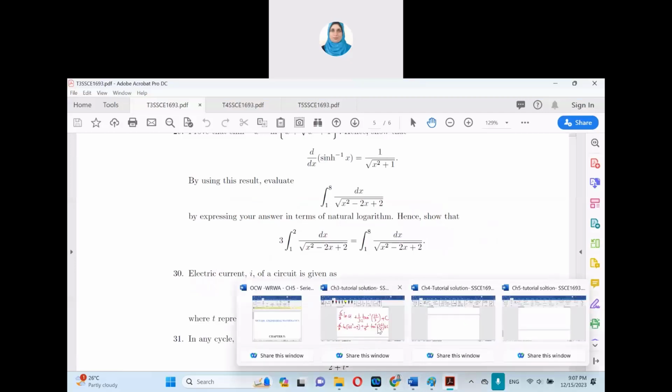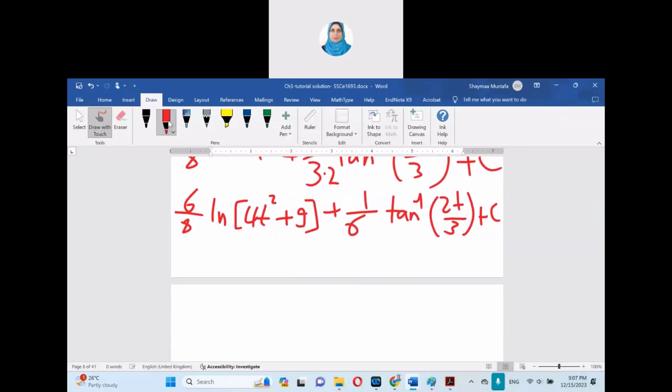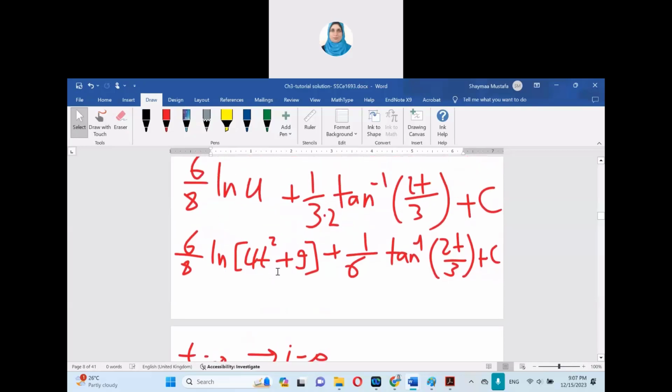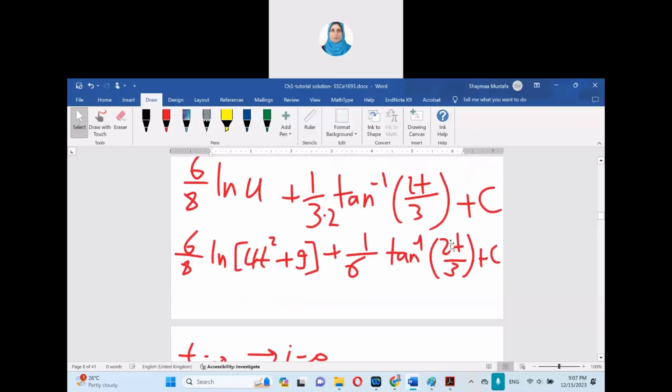This is I. Now when t equals 0, I is 0, which means 0 is equal to, substituting t equal to 0, 6 over 8 ln 9 plus 1 over 6 tan inverse 0.